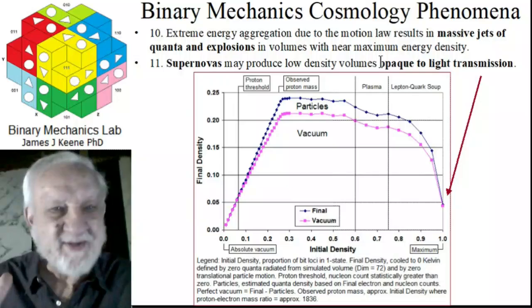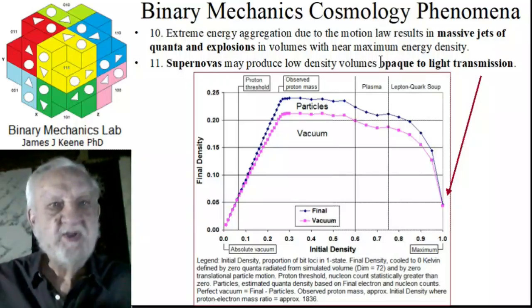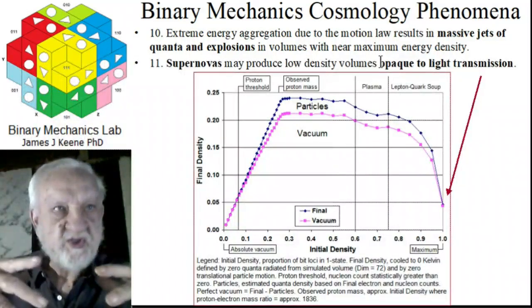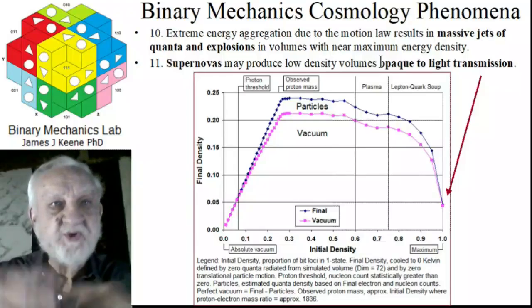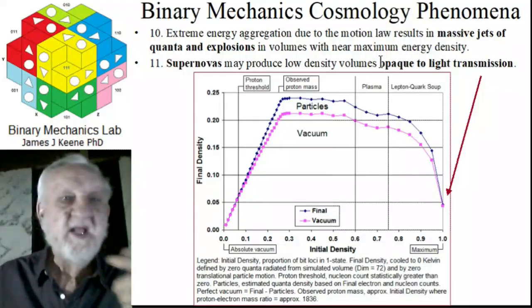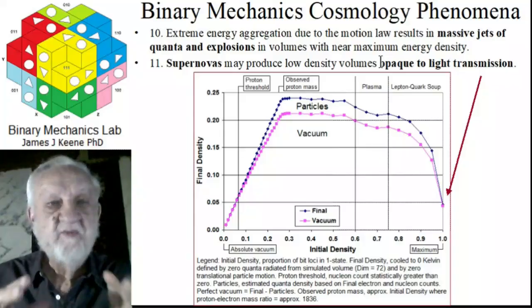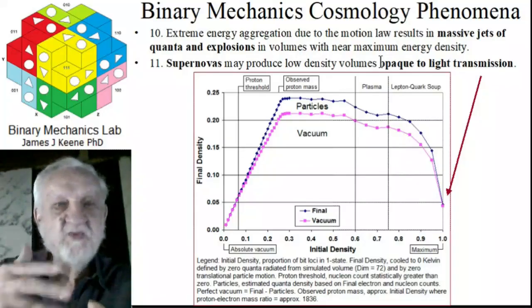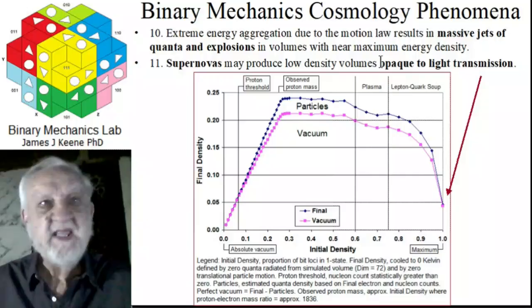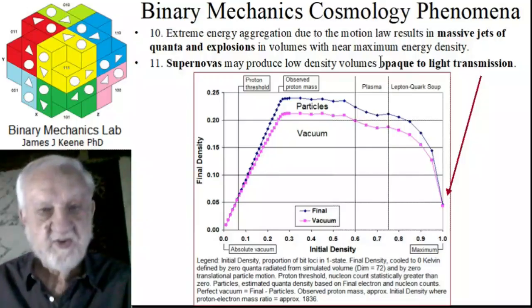Why would this happen? Any incoming quanta to these low density regions or volumes would be captured in electron and proton bit cycles before any of that energy can make its way through that volume to be then seen or detected on the other side.